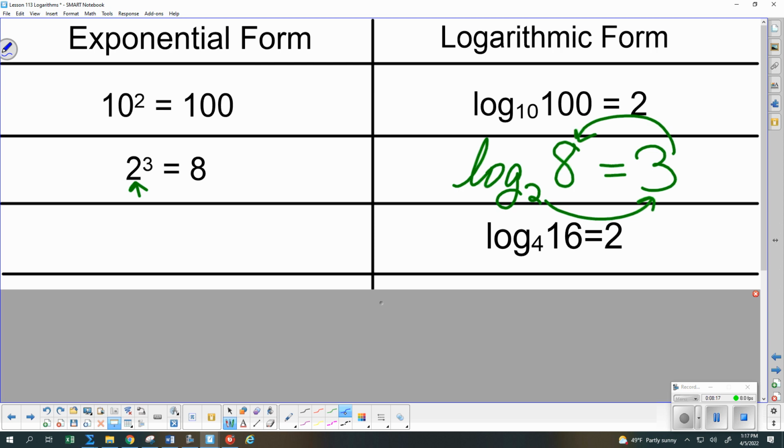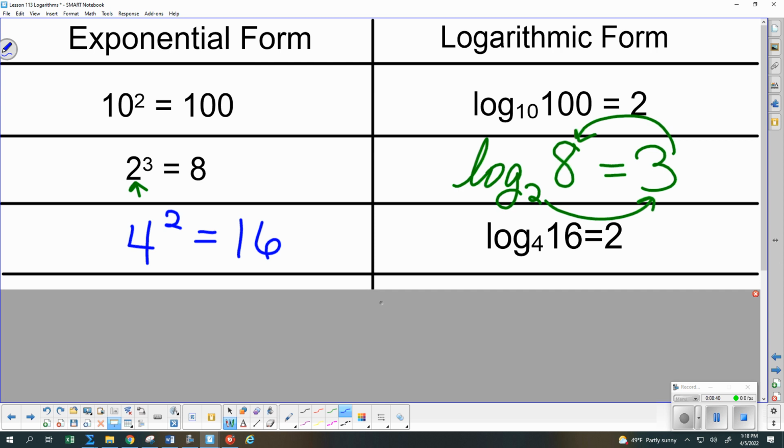Shayla, what are you thinking? And what's my base? So 4 squared is 16. You guys believe that? Good thing I wrote a true statement up there then.